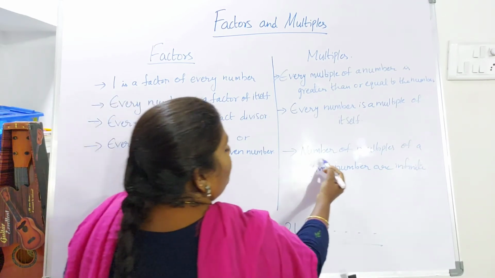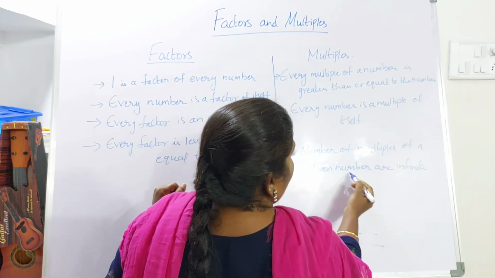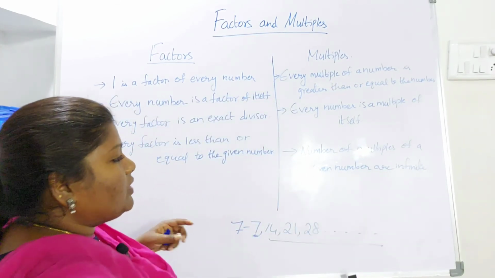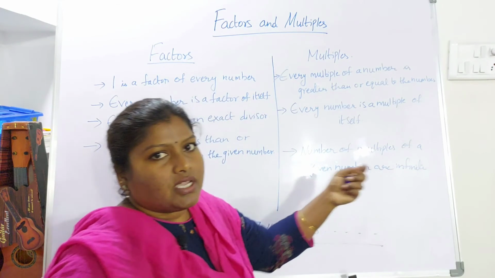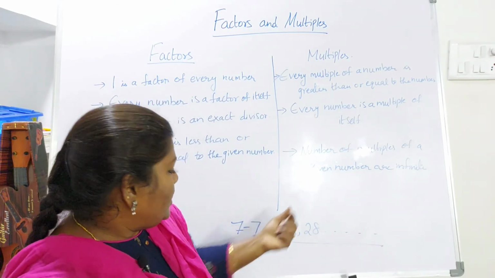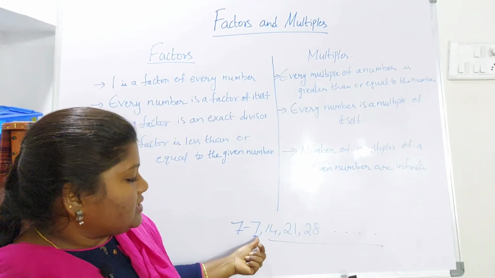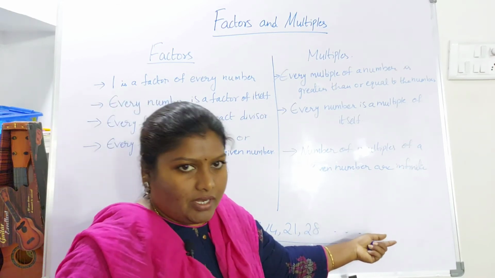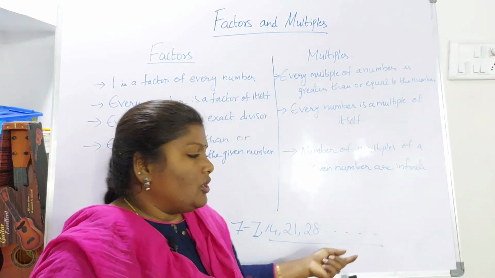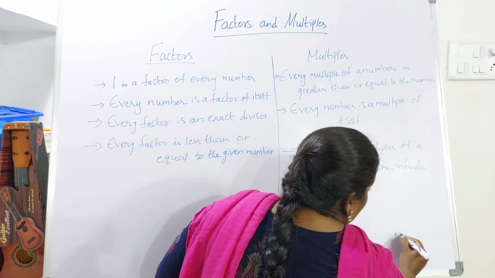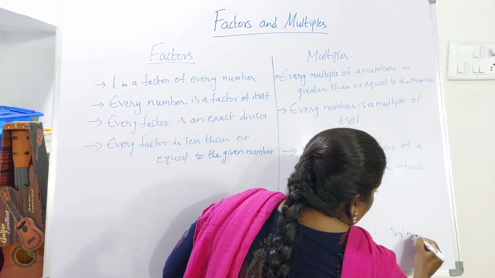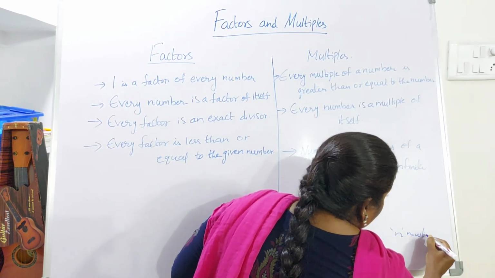Next one, the number of multiples of a given number is infinite. What is the meaning of infinite? It is countless. Here you can see 7 ones is 7, 7 twos, and if you go on multiplying with the natural numbers, you are going to get n number of multiples.